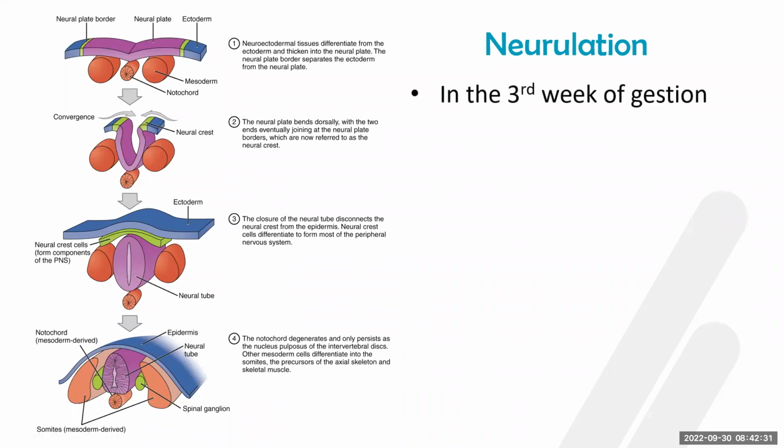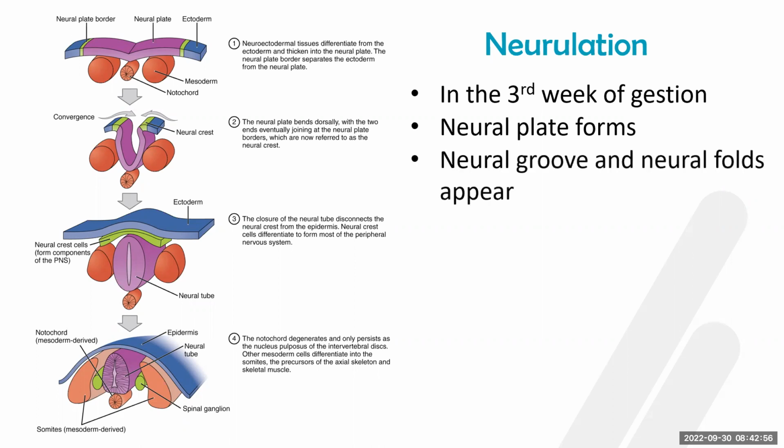And it happens, as I mentioned earlier, in the mid part of the third week, about day 17, day 18. What happens, there is thickening of the cells of the ectoderm in the center next to the notochord. And this thickened plate is called the neural plate. So the neural plate forms at that time.